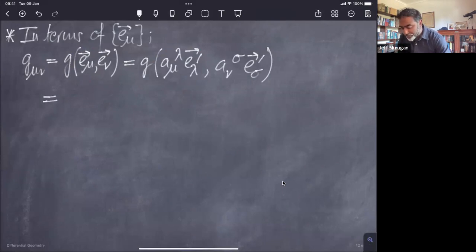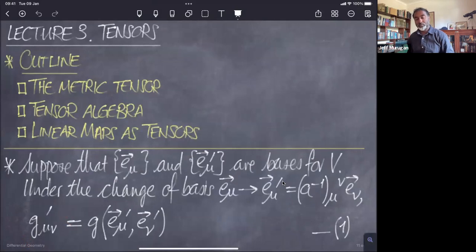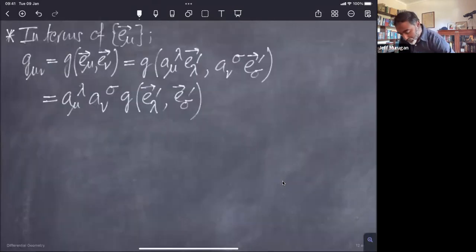Because this is a bilinear map, it acts only on the vectors. So it acts only on the basis vectors, which means that I can pull these components out. So this is A mu lambda, A nu sigma, G acting on E lambda prime, E sigma prime. But this is what we just agreed gave the components of the metric in the new basis.